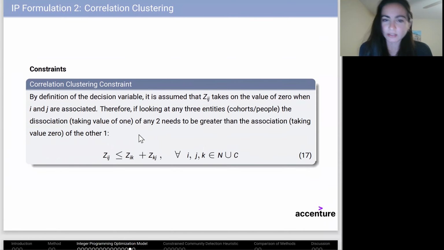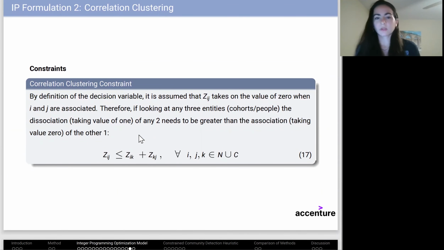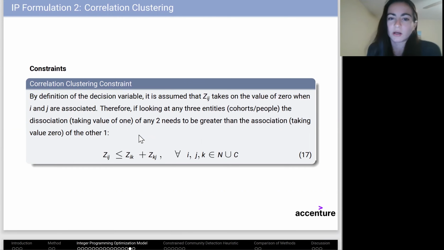And this is the main correlation clustering constraint. So this constraint shows us, if Zij takes on the value of 0, as we said, then i and j are associated.